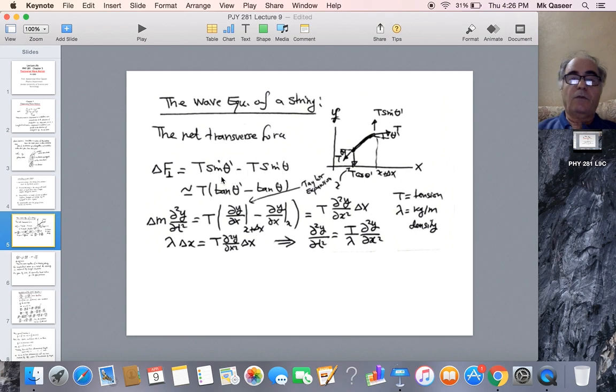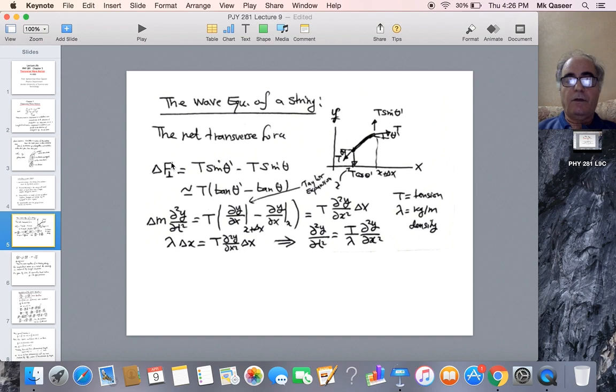Now, the net force is T sine theta prime minus T sine theta. We can approximate sine theta by tan theta, so sine theta prime is tan theta prime, and sine theta is tan theta. Tan theta prime is the slope at this point at x plus delta x, which is dy by dx at x plus delta x, and tan theta is the slope at the left side, which is dy by dx at x.